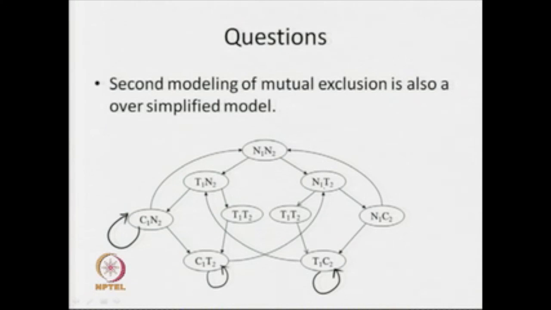Now, once I give such a self loop, what will happen? Again it is going to violate my liveness property, because now I can remain in this state. That is why I am saying that this second modeling attempt is oversimplified.